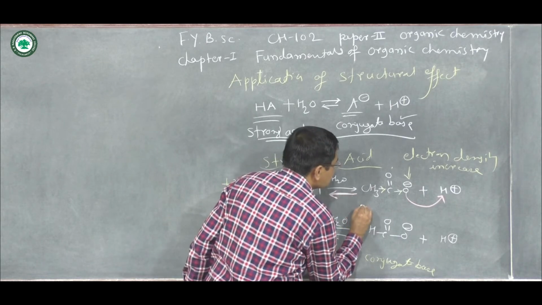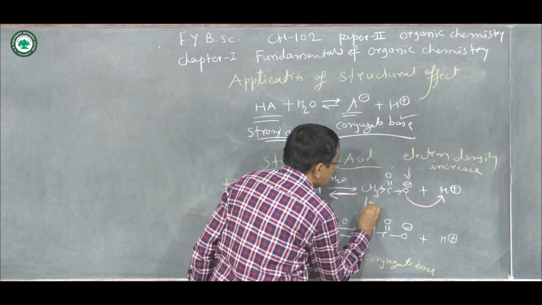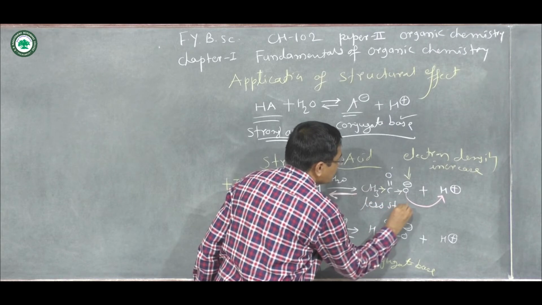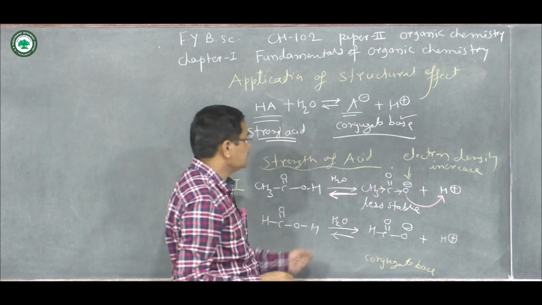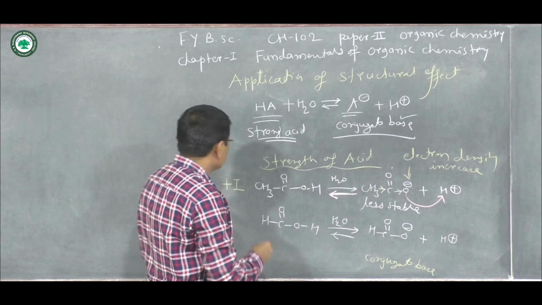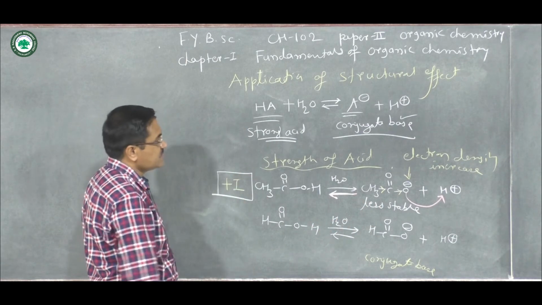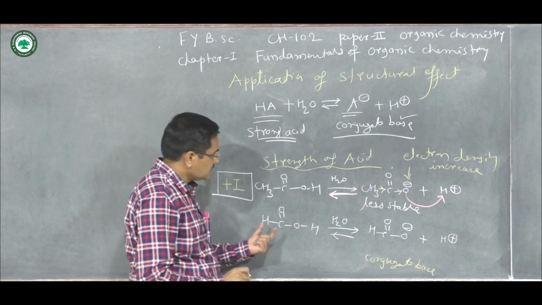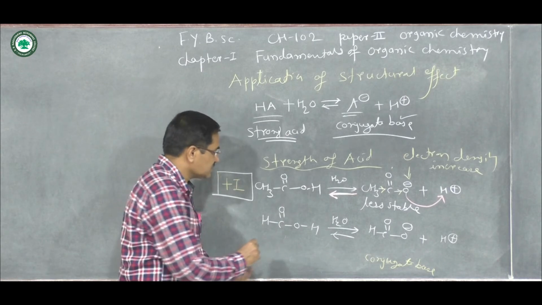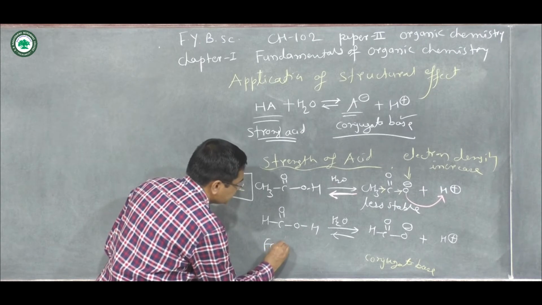Means this conjugate base is less stable, and its stability is reduced due to the plus I effect. But when we consider formic acid here, this is formic acid.